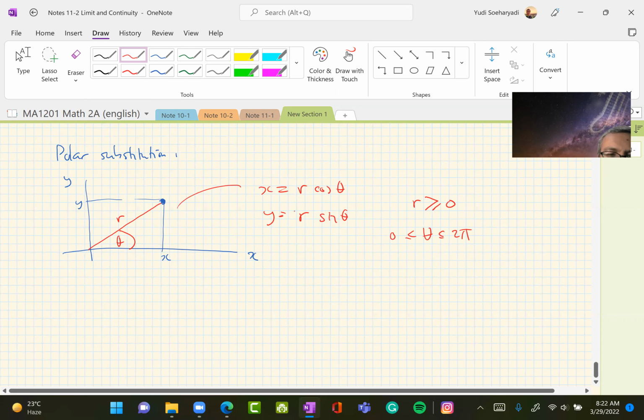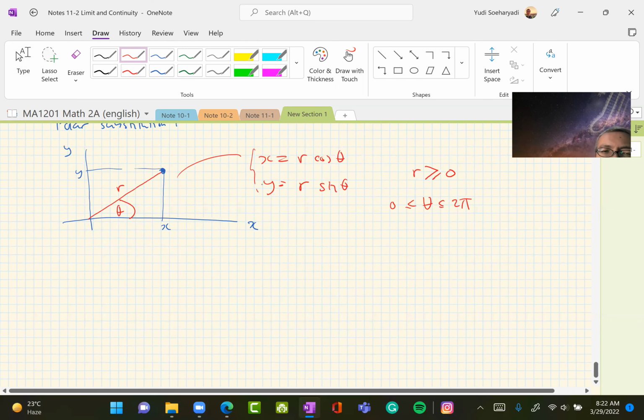So what kind of relation do we have here? Here, this is r squared cosine squared, and here you get r squared sine squared. So you take this r squared out, cosine squared plus sine squared, this is 1.